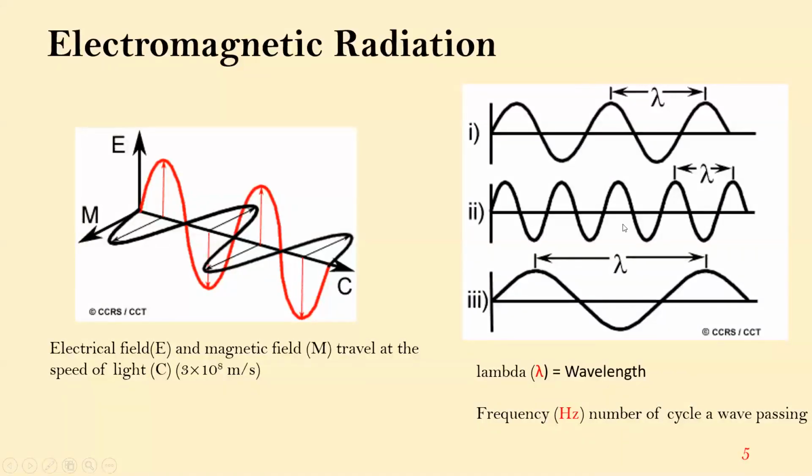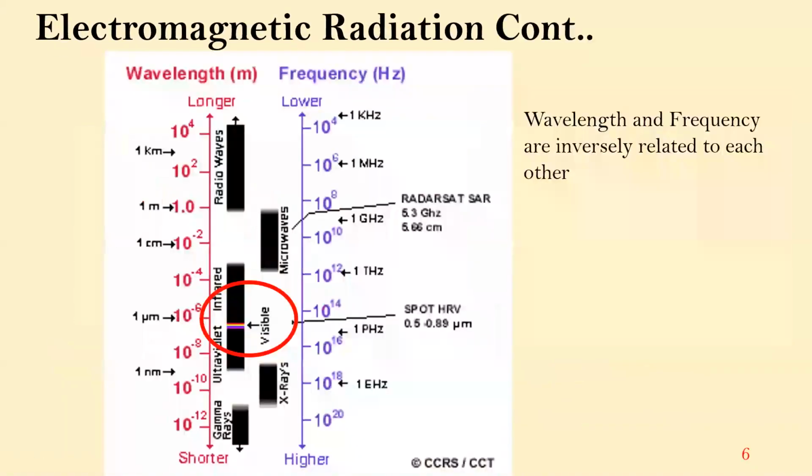For more clarity, let us look at electromagnetic radiation grouped based on wavelengths. As you can see, electromagnetic radiation can be classified from shorter to longer wavelength, where the shorter wavelength has the higher frequency, and the longer wavelength has lower frequency. Both are inversely related to each other.